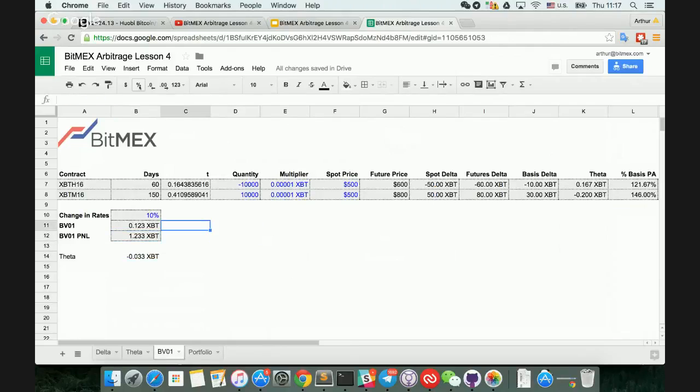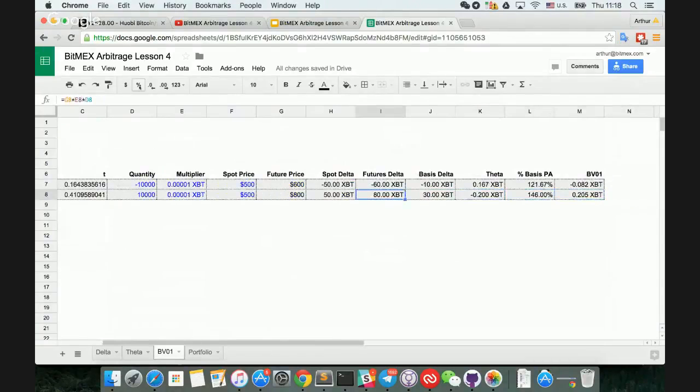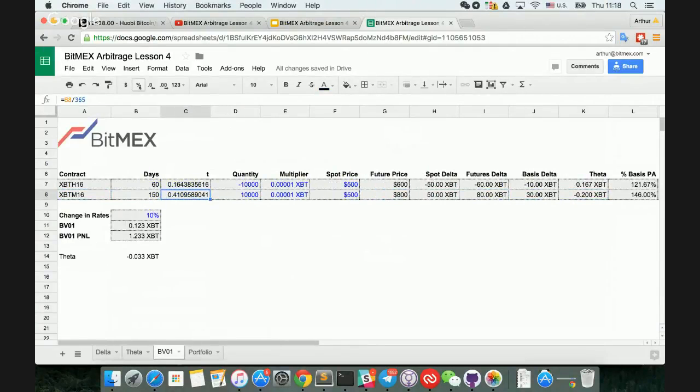So it's very important to know whether or not your portfolio benefits from a rise or fall in interest rates. And as you can see, the longer dated has a bigger absolute BV01 because of the T component.